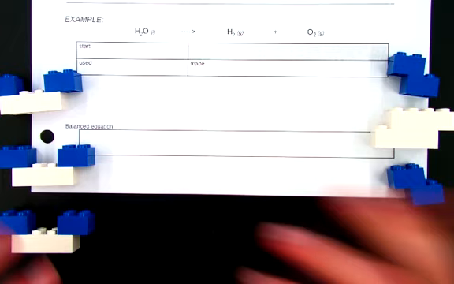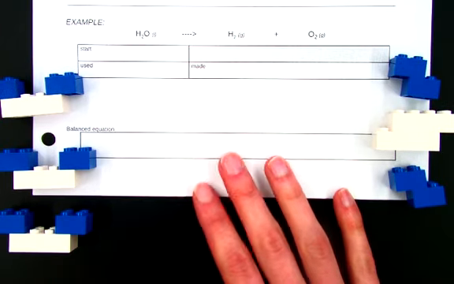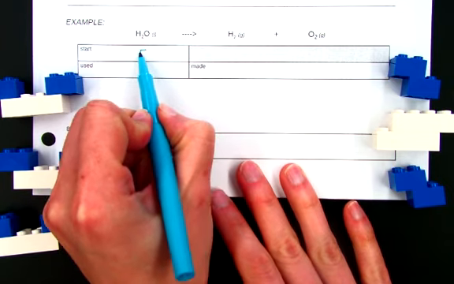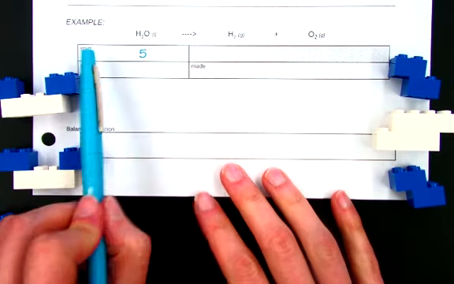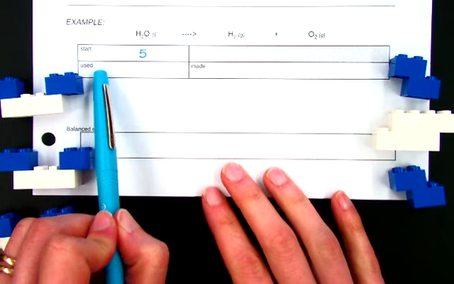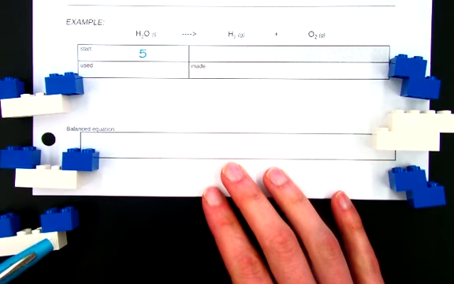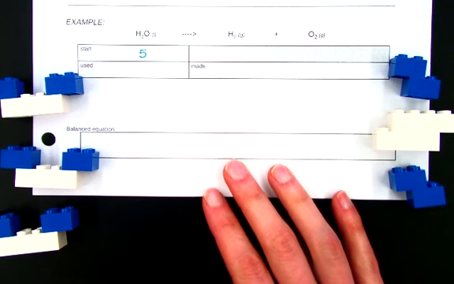Okay? Now you take a look at your table. How many H2Os did I start with? Well, I started with 5, so I put a 5 there. Then the next box underneath says used. I have to count these. 1, 2, 3. Now, did I use 3 or did I use 5? I actually didn't use either of them.